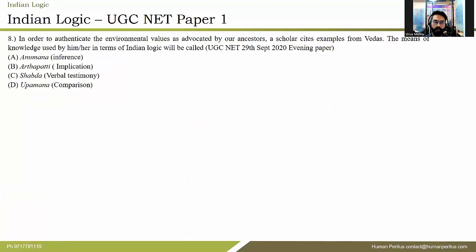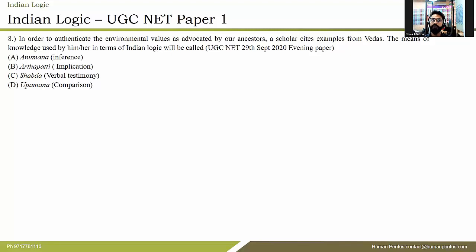Okay, moving on to the next question. Next question they have asked: in order to authenticate the environmental values as advocated by our ancestors, scholars cite examples from Vedas. This means of knowledge used by him or her in terms of Indian logic will be called what? The answer is very simple.